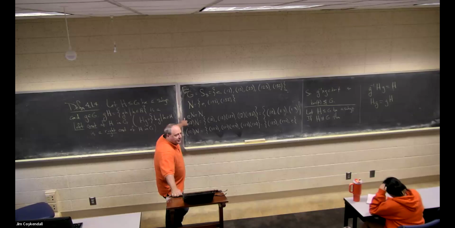It's in a different order. Anybody want to guess what the coset (2 3) times N will be?